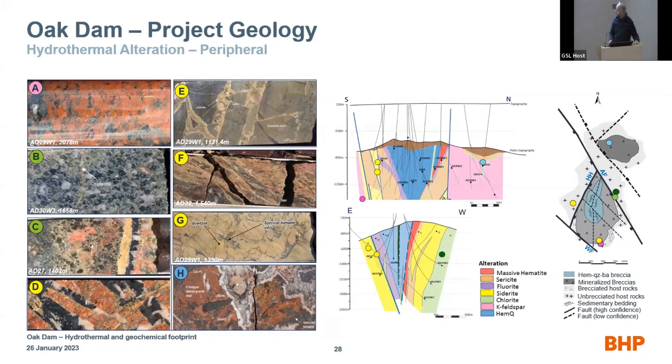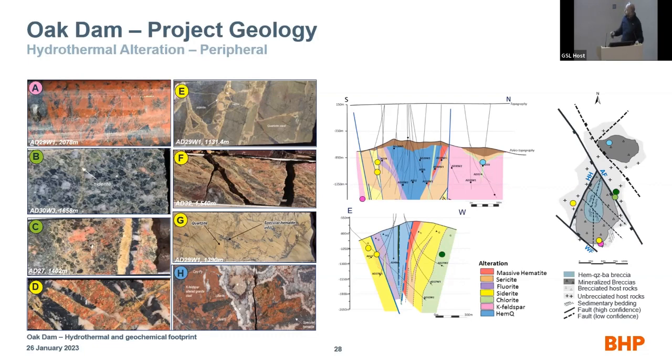Depending on the primary composition, you might have more of each of these minerals. As you get closer to the system, you start seeing an influx of siderite, and as you get even closer, the pervasiveness of siderite alteration gets stronger, and you start seeing veins until you get to breccias.